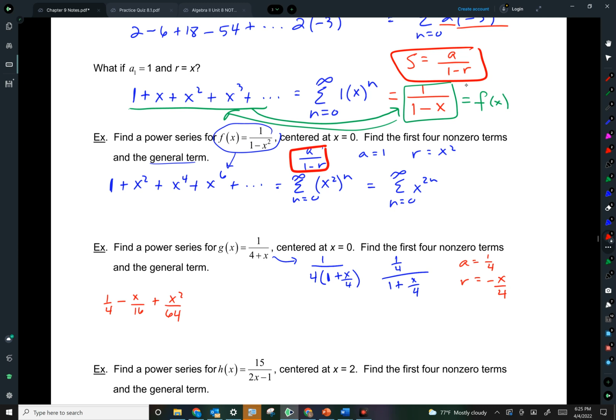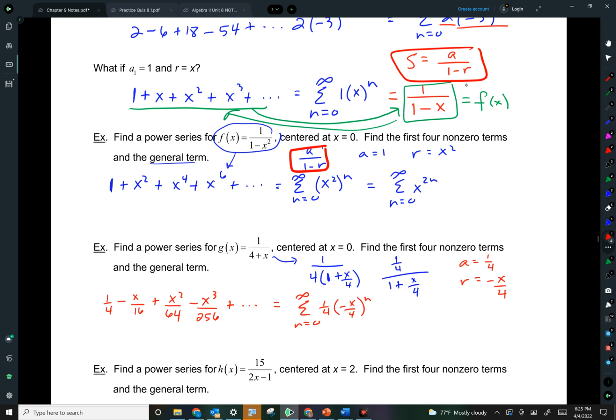And if I go one more time, it's going to be negative x cubed over 64 times 4, I believe, is 256. So there's my first 4 non-zero terms. And then the general term, sum as n goes from 0 to infinity. So it's a, which is 1/4, times r to the n.